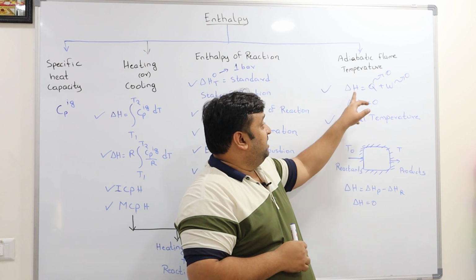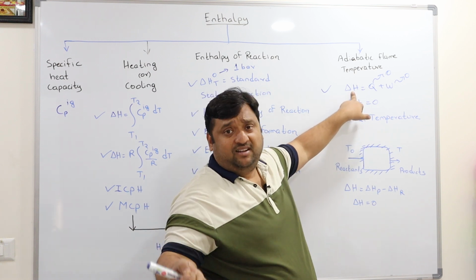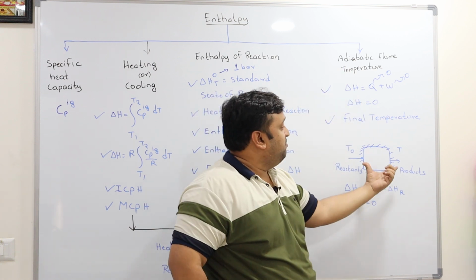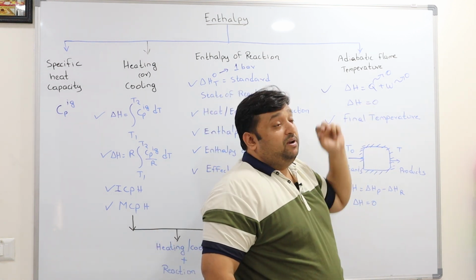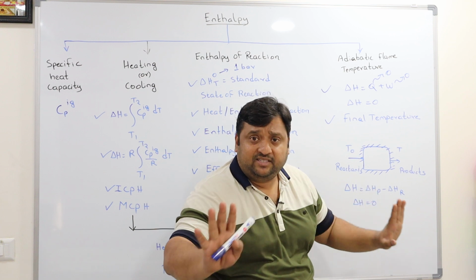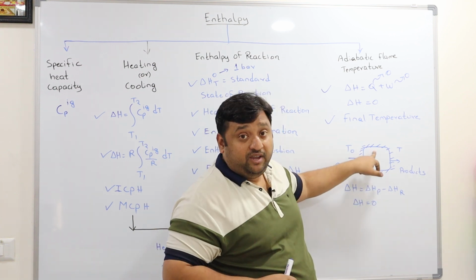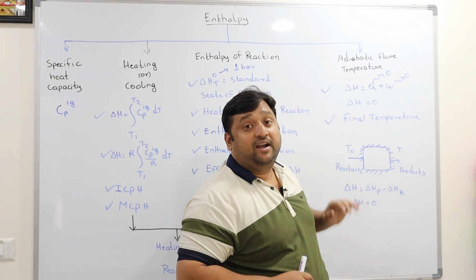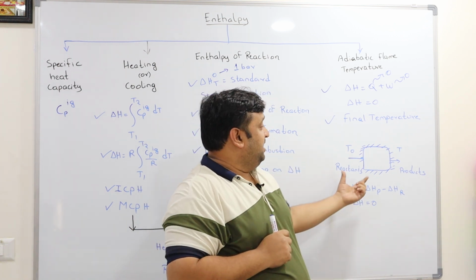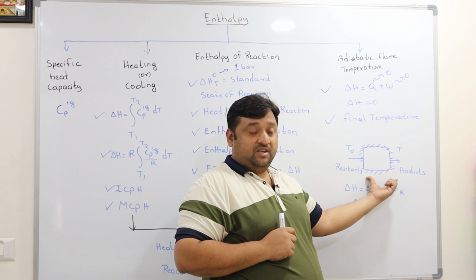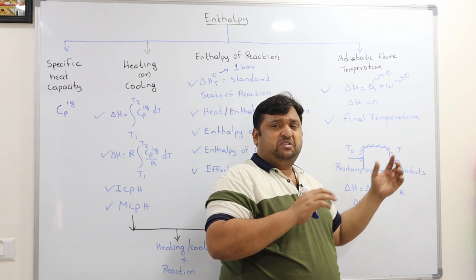That means delta H, from the general second law, is the change in enthalpy. That means before and after the reaction, what is the enthalpy change? Q plus W. In adiabatic systems, no heat is going in, and no work can enter. That is called an adiabatic system. In such a system, if I conduct a reaction in this box, what is the final, maximum temperature?